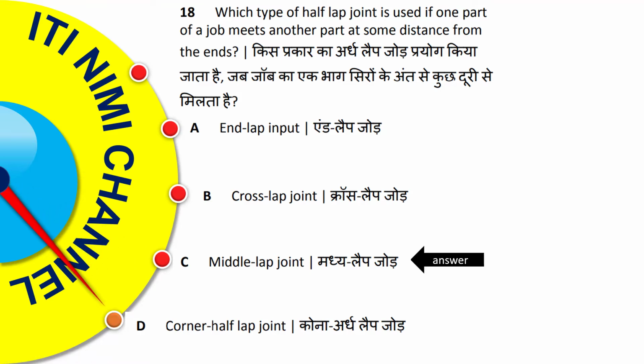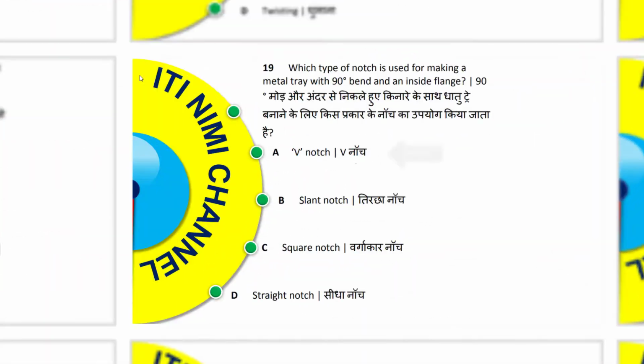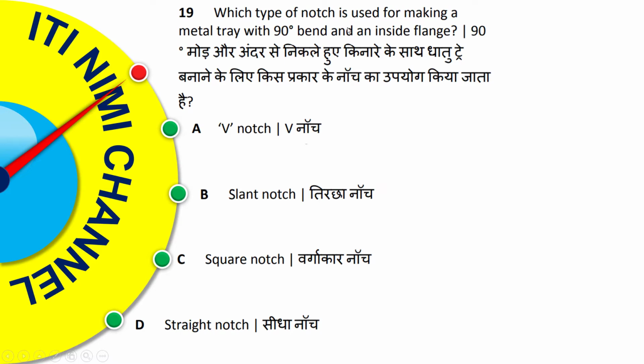The answer is middle lap joint. Which type of notch is used for making a metal tray with 90-degree bend and an inside flange? V-notch, slant notch, square notch, straight notch. The answer is V-notch.